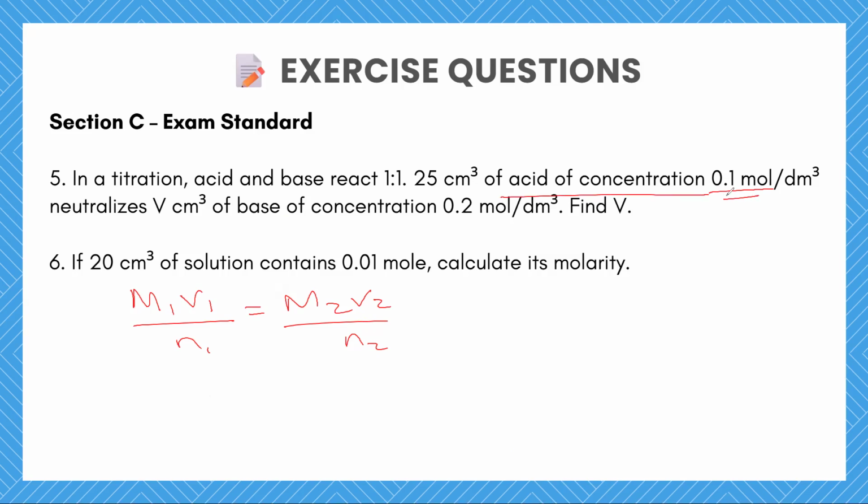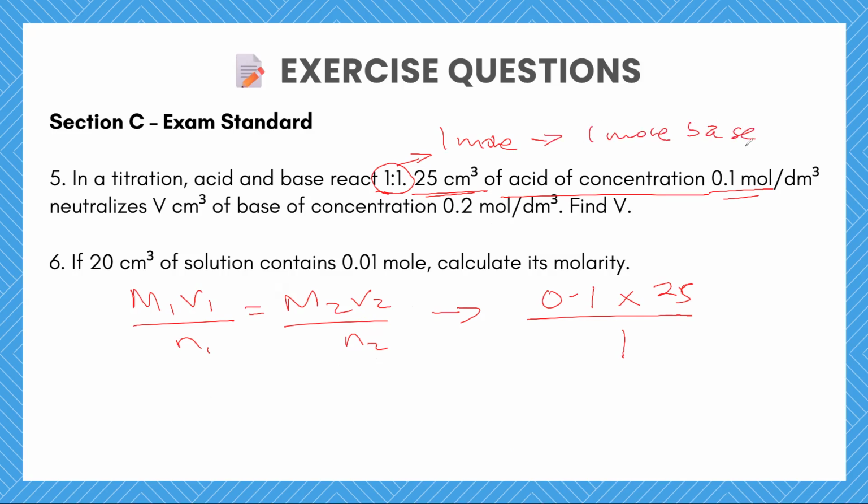So we have 0.1 times 25 cm cube of acid, divided by the number of moles of acid that reacted, which is 1, because we have the ratio 1:1, which means 1 mole of the acid reacts with 1 mole of the base.